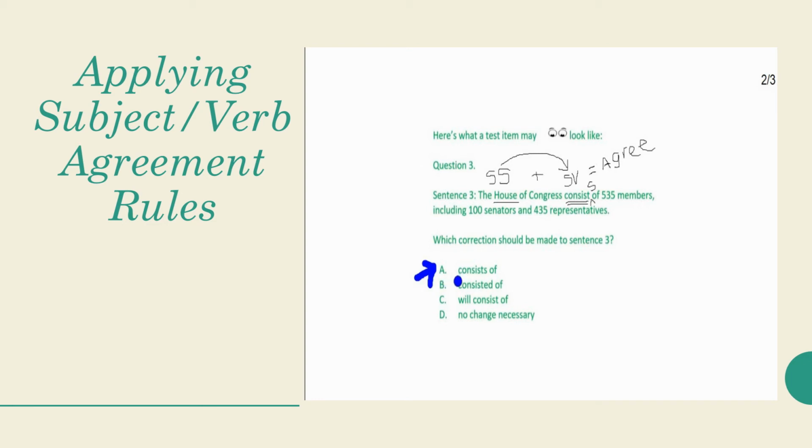If we were to take option A and insert it into our sentence, it would then read, the House of Congress consists of 535 members, including 100 senators and 435 representatives. So option A in this case is the correct choice. Therefore, options B, C, and D will not apply.